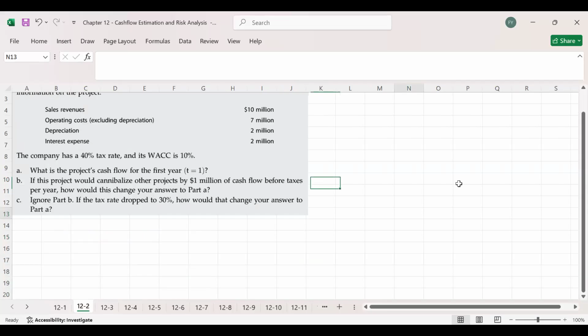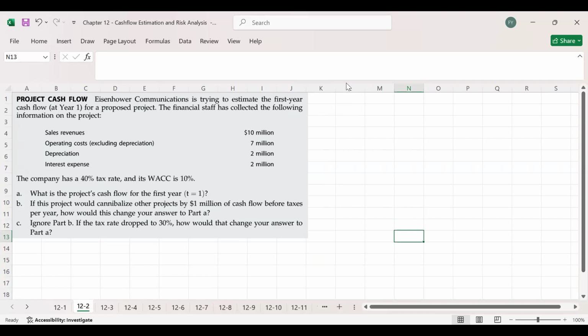Here we have problem 12-2. The company is trying to estimate the first year cash flows for the proposed project. The financial staff has collected the following information.